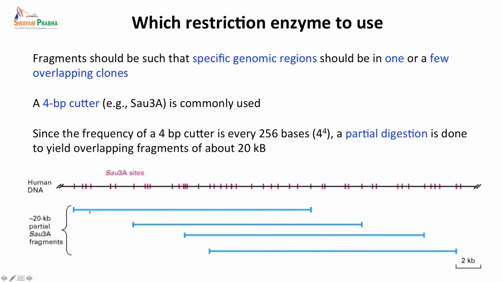So you generate all these different fragments, and because they overlap with each other, when you sequence all these fragments, by aligning them together you can get the sequence of this human DNA from this end to this end. This is what researchers try to achieve when they are creating a genome sequence.